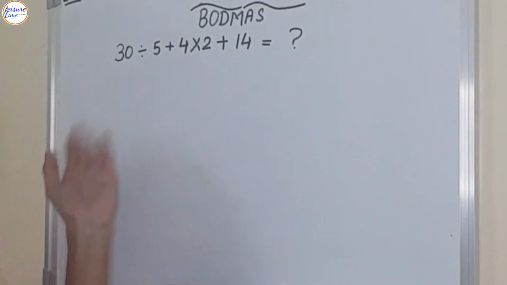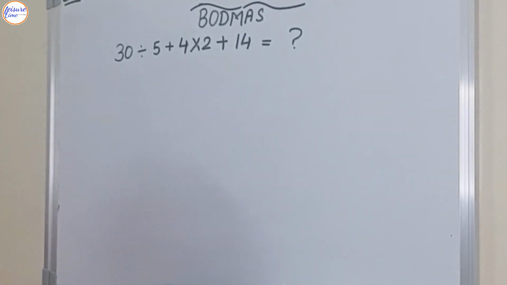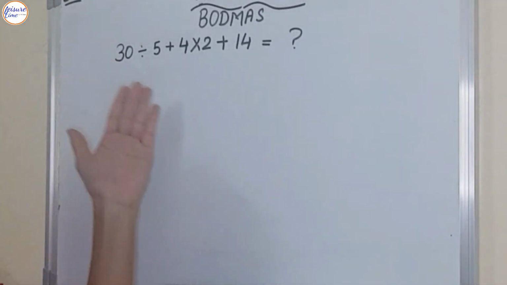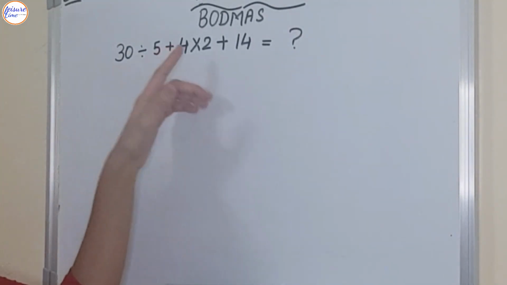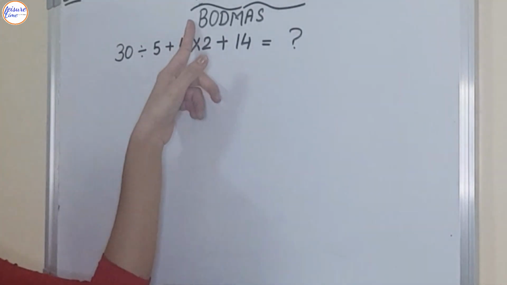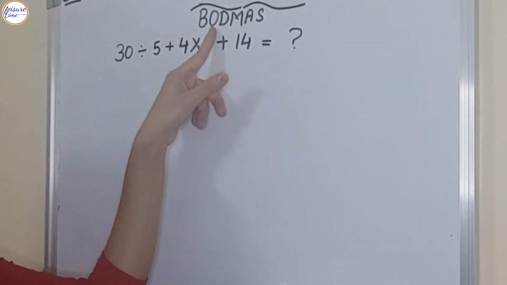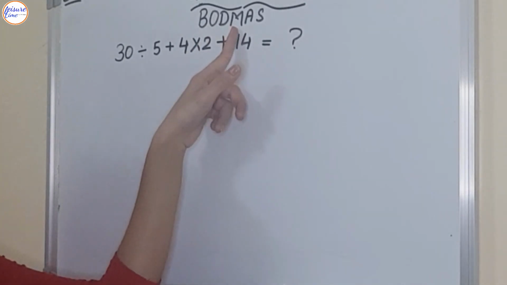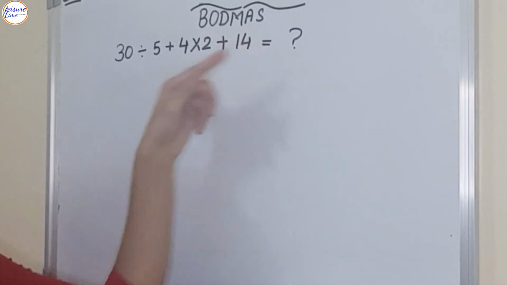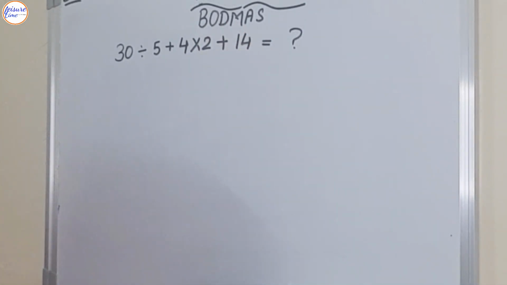Let's start. So here it is, the mathematical expression. Now we are going to solve this expression using the BODMAS rule. As I told you already, B stands for brackets, O stands for of, D stands for division, M stands for multiplication, A stands for addition and S stands for subtraction.